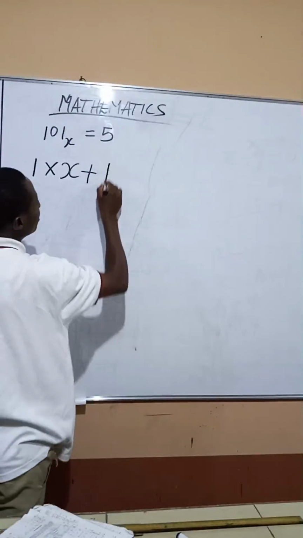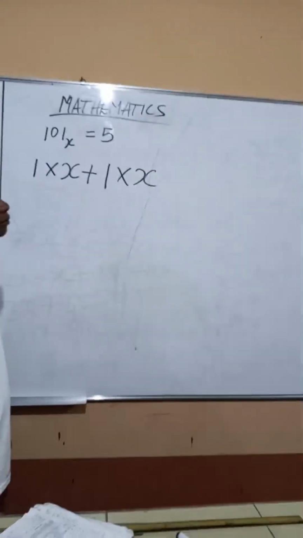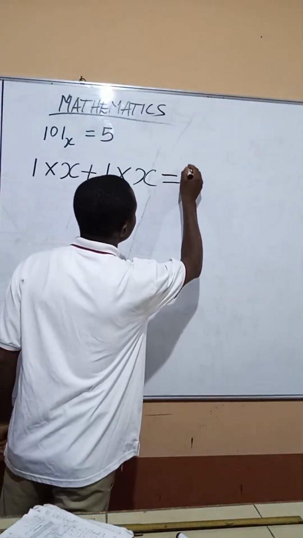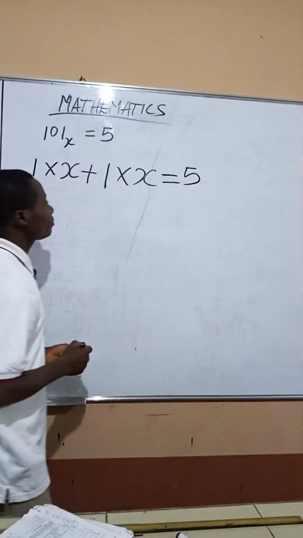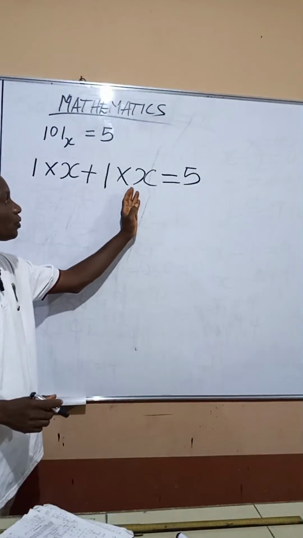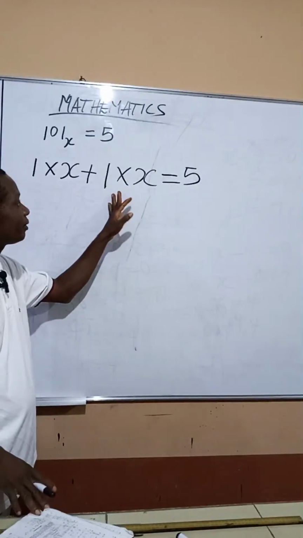This is another 1 times x, and this equals 5. Now, I know you may want to ask me some questions. Always expand this way first. This is the first step.